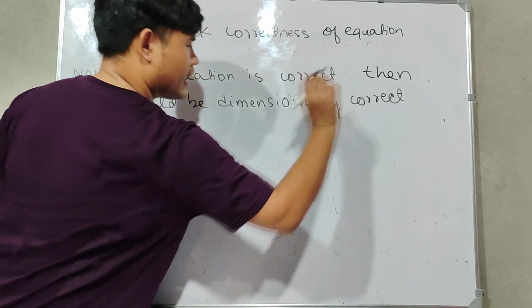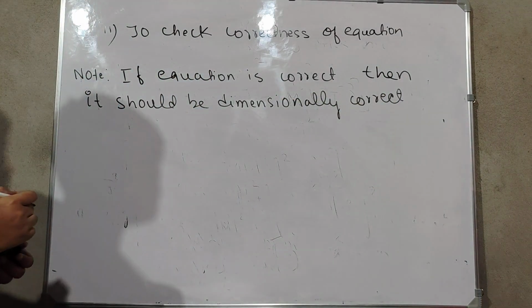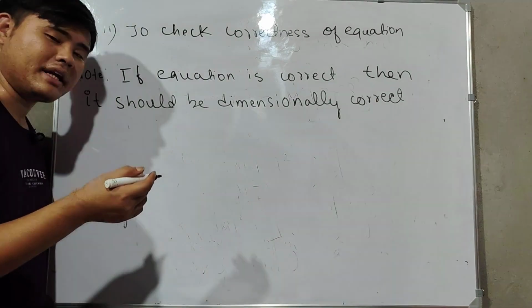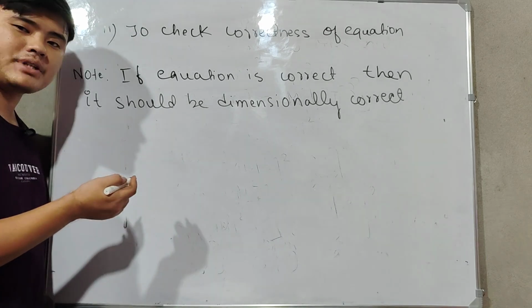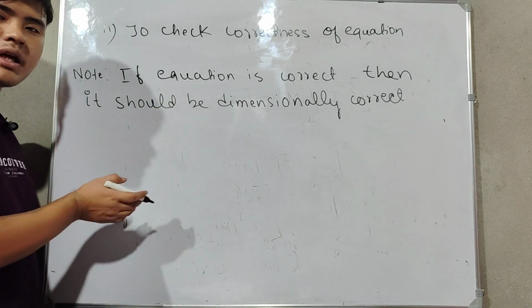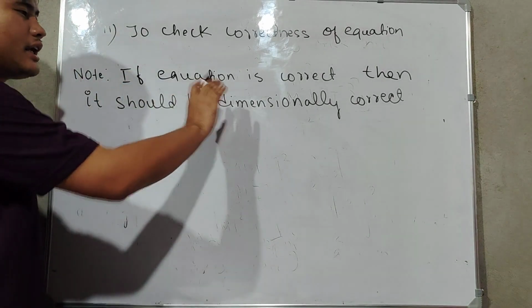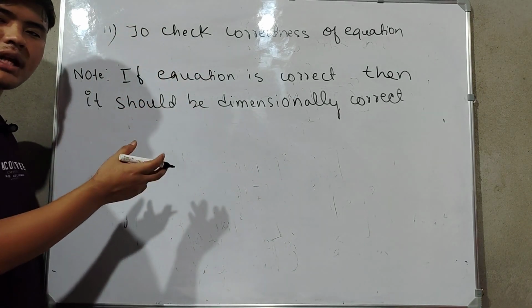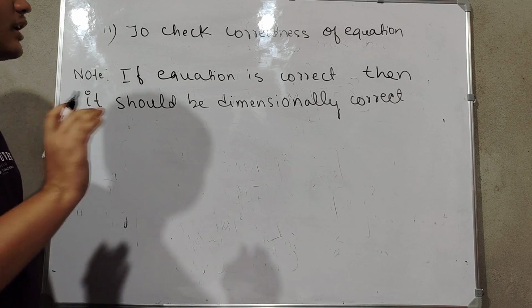If you found the right formula, you have become a scientist now. If the dimensions are correct, after doing that also LHS equals RHS, then your equation is correct.